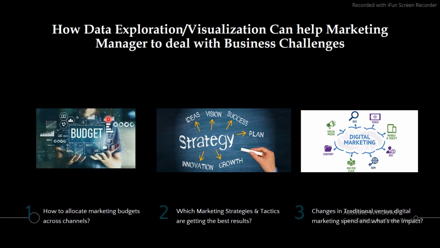In a strategy class you might have heard of different strategies, and we will touch upon one of them here. Also changes in traditional versus digital marketing spend and what the impact is. So you can see whether you want to invest more in digital marketing or go with the traditional flow of the market, right?